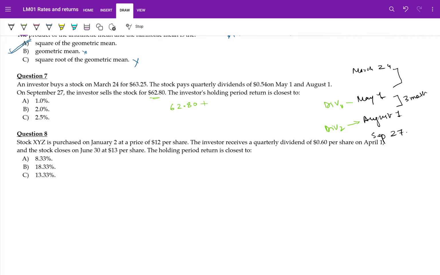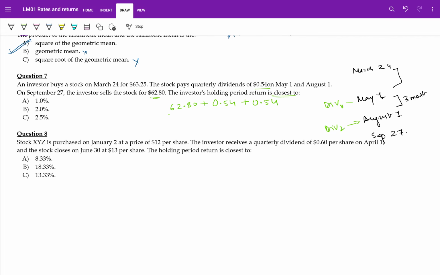Now we are going to add back the dividend 0.54 twice. Now understand this thing. They are asking about the investor's holding period return.